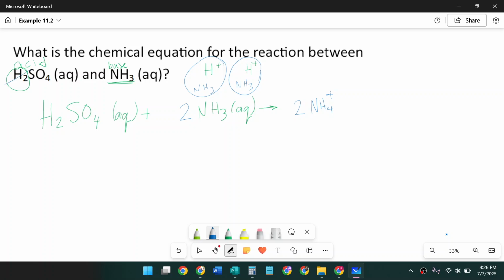Now when this H plus goes away from each of those, what we're left with is the SO4. Now if you take this and you split it into this, because this had a 2 down here, it must have come from having some number here. And you can imagine this one having a 1 down here, which means this came up here. We know that this one's a plus, so this one must be the minus.